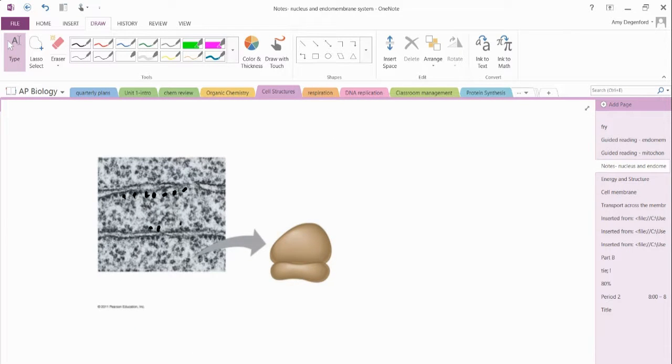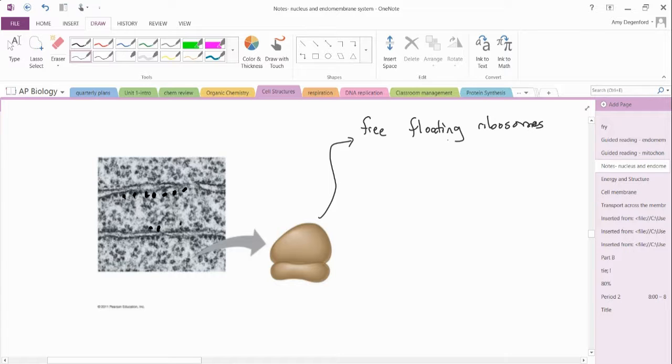The ribosomes are going to be found in two places. So we have free-floating ribosomes, and that means they're going to be within the cytoplasm. Just a quick note, a ribosome could be free-floating, and then they could attach to the rough ER, and then vice versa.